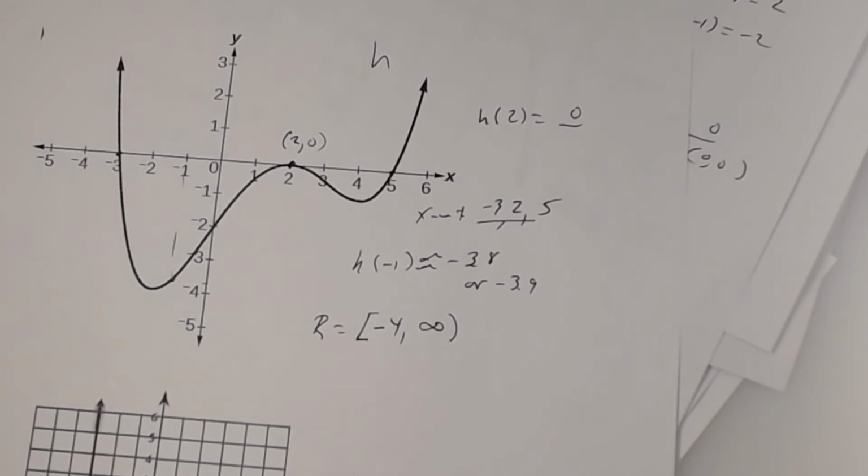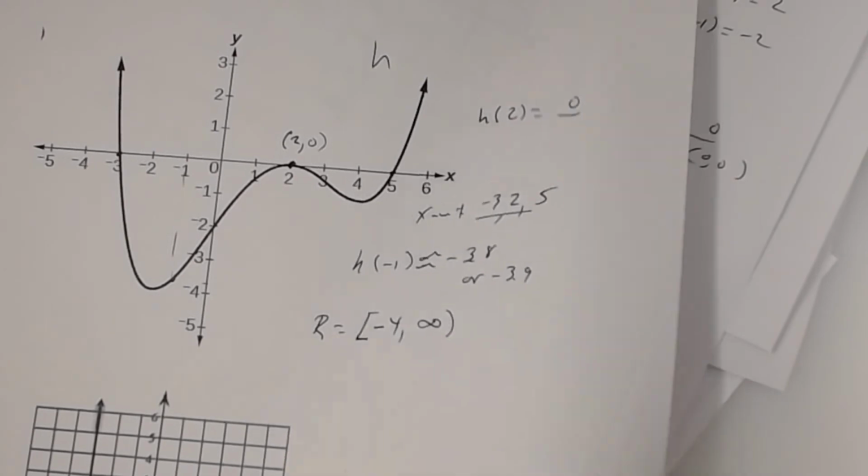If you didn't want to include all the points, would it be like a dotted line? Are you asking if there's a hole? I'm not sure if you're referring to vertical asymptotes, because we haven't talked about that.